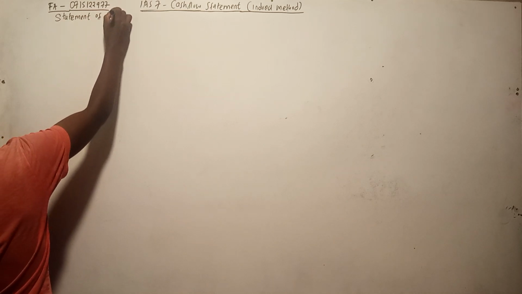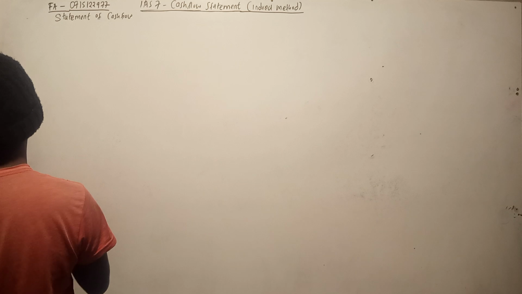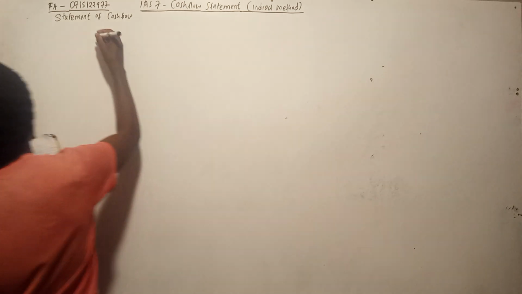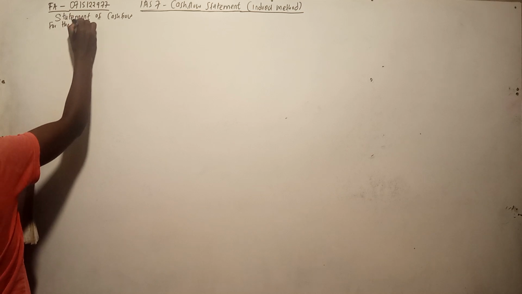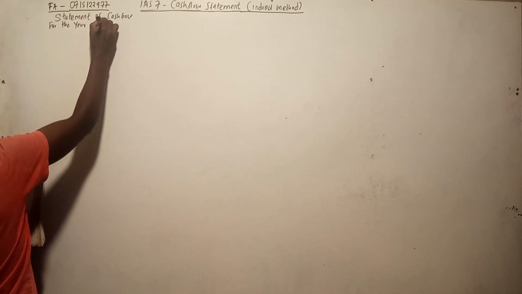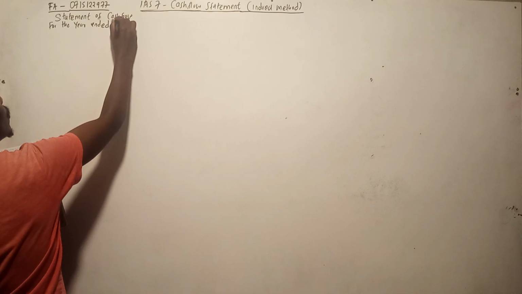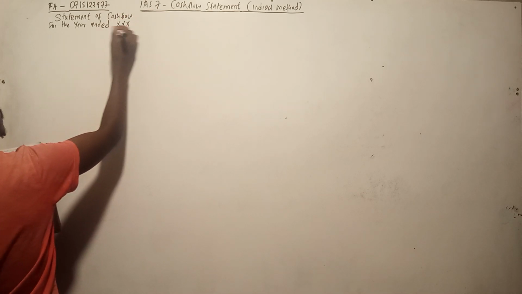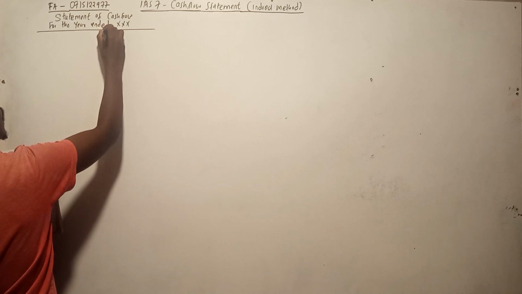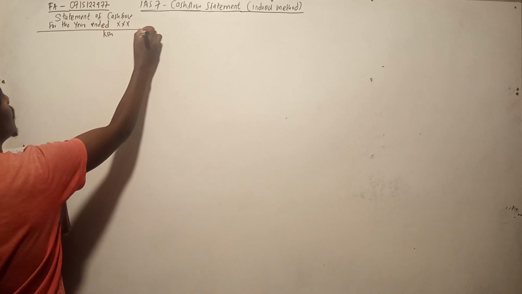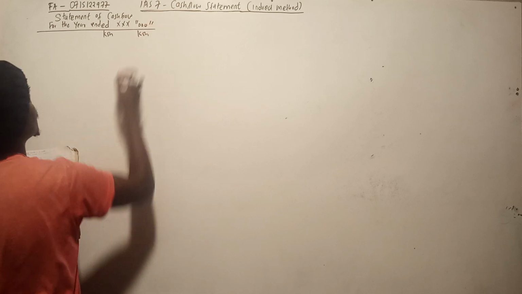Statement of cash flows for the year ended XXX, that's our year end. Then we shall have our currency, in Kenya shillings.